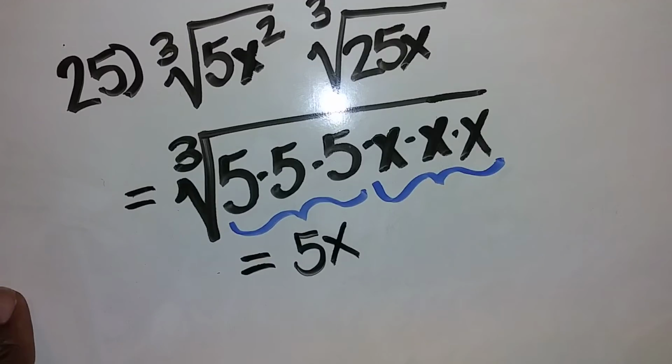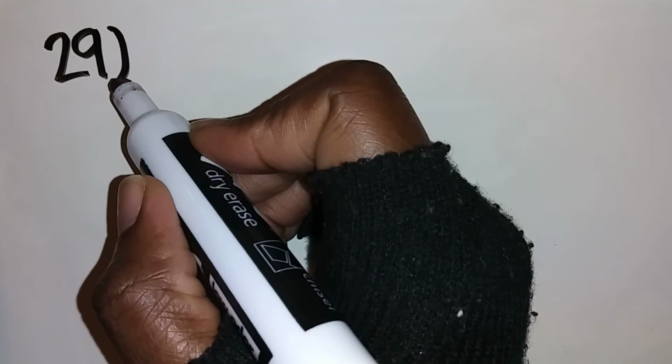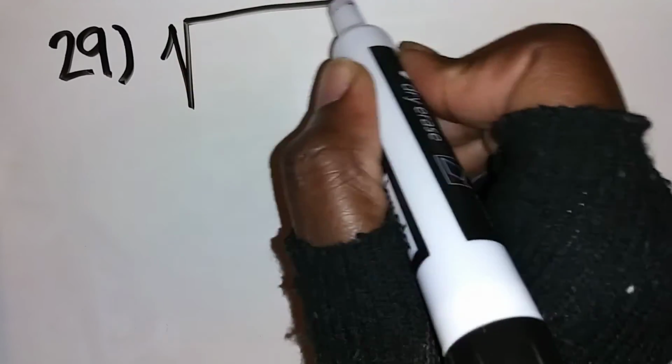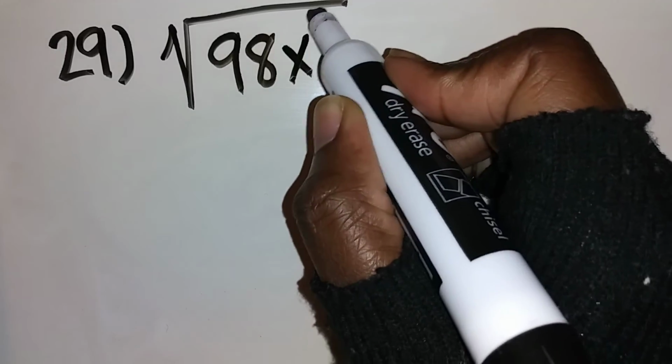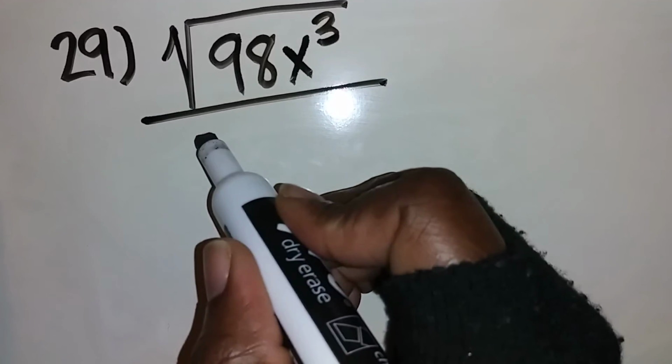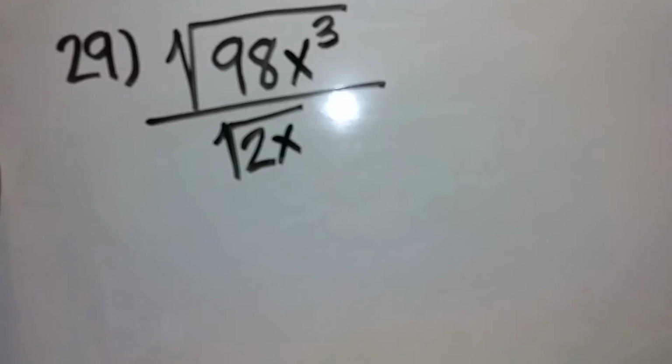Number 29. We are dividing. Number 29 has the square root of 98x to the 3rd power divided by the square root of 2x.